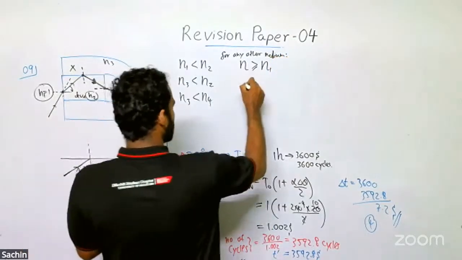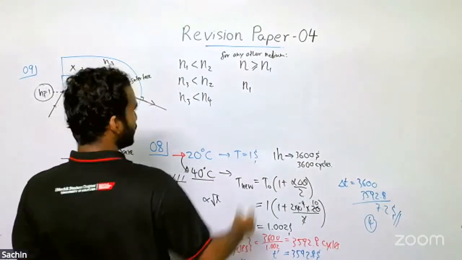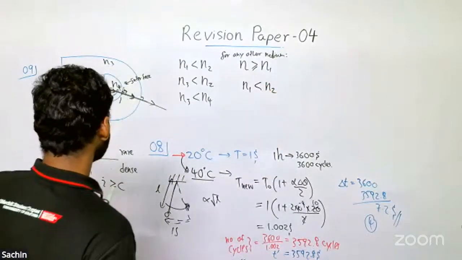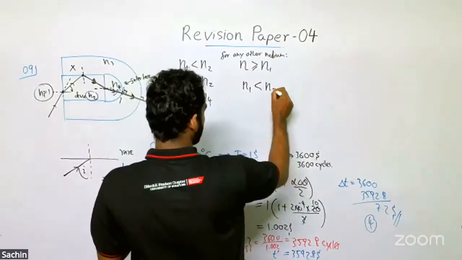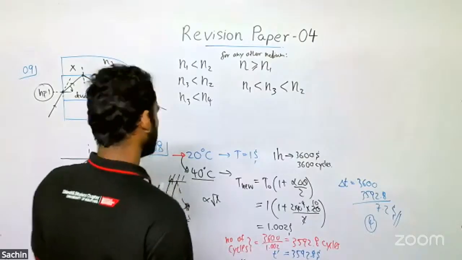So the lowest refractive index should be for the air, that is N1, and then N2 should be greater. Sorry, then N3 should be greater. So again, greater than that in N2.